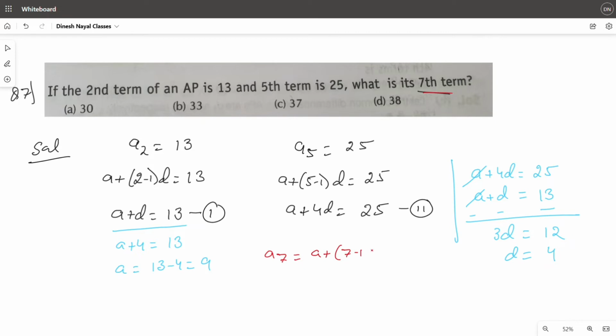Now A is 9, plus 7 minus 1 is 6, into D which is 4. So this is 9 plus 24, which is 33. So the seventh term is 33, and B is the correct answer.